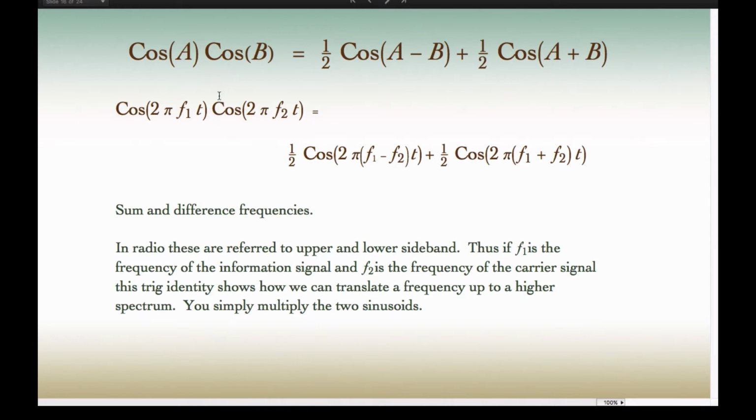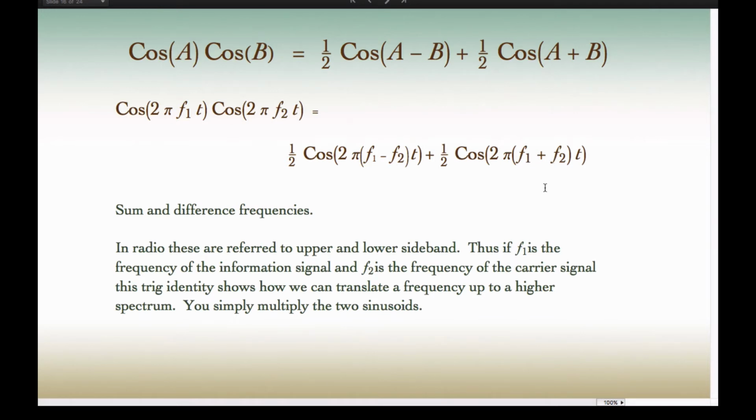And so if we have two sinusoids, the first with a frequency f1, the second with a cyclic frequency of f2, the above identity is telling us that the result of multiplying these two together is that we generate the sum of two sinusoids, the first has a frequency of f1 minus f2, and the second has a frequency of f1 plus f2.